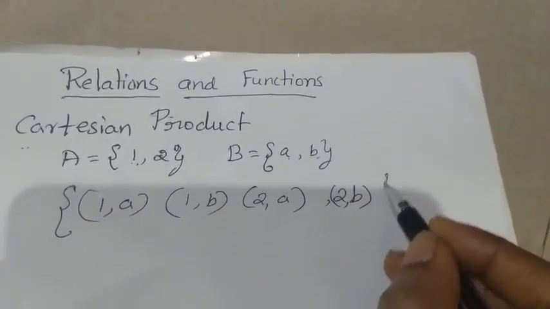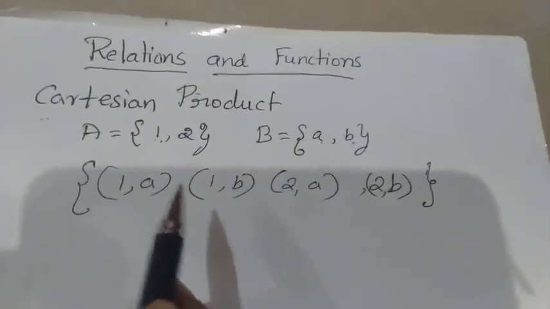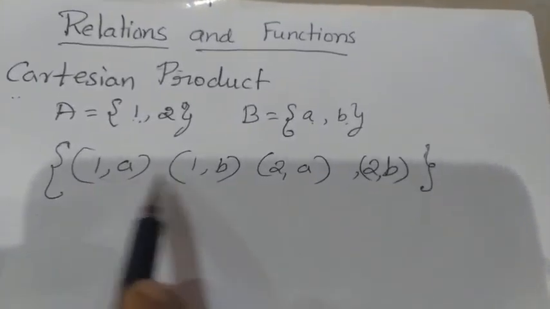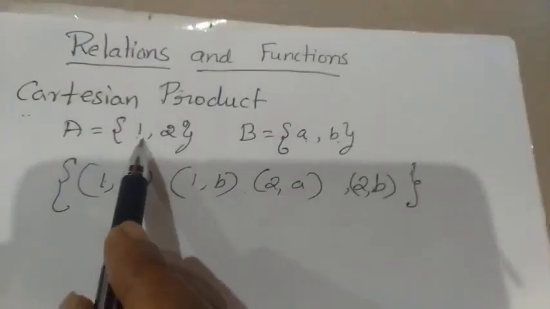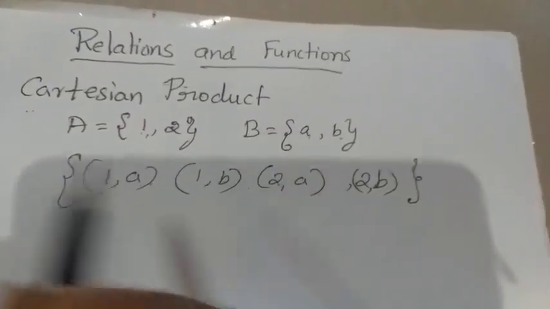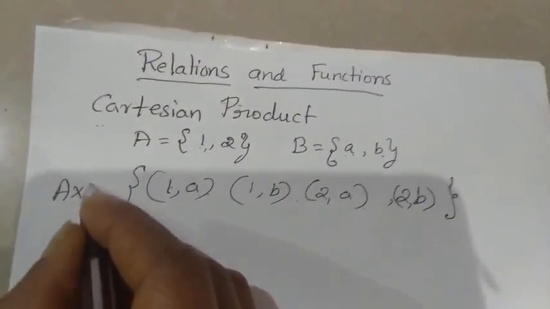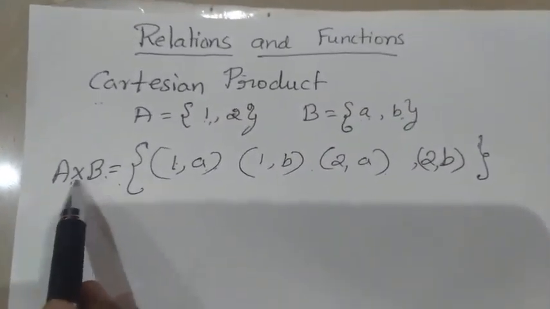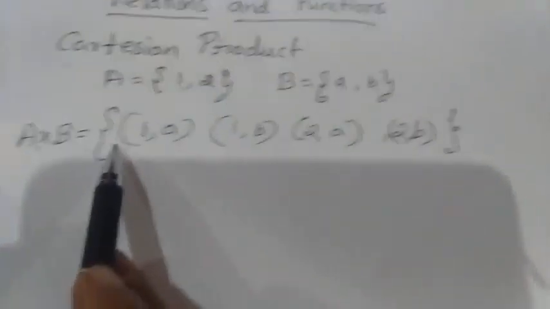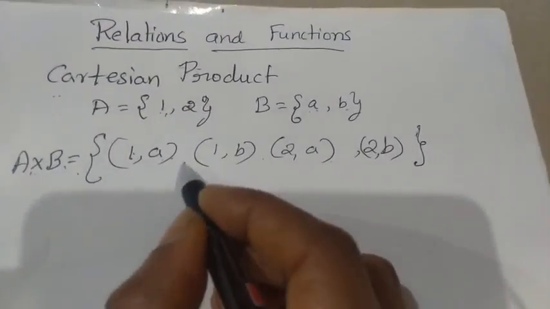This is one set. It contains all ordered pairs of the form x, y such that x belongs to the first set and y belongs to the second set. This is called the Cartesian product from set A to B and is denoted by A cross B. It is in roster form.